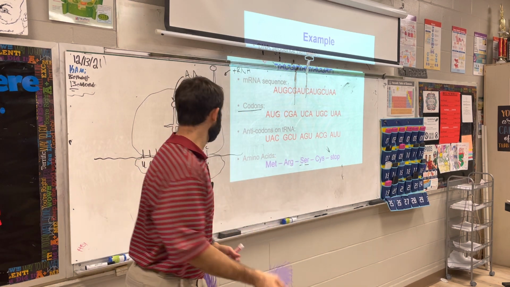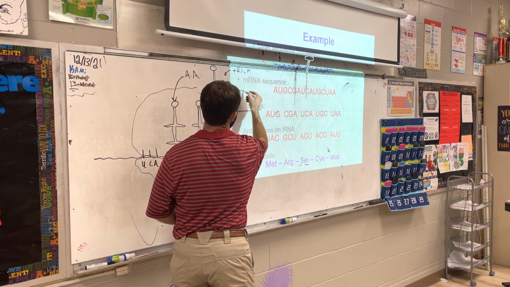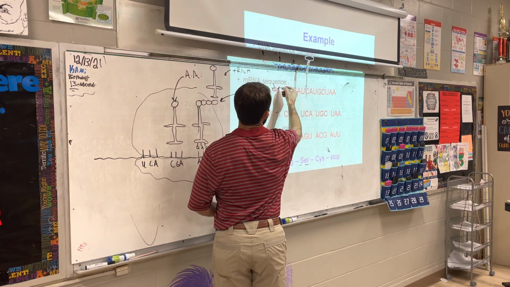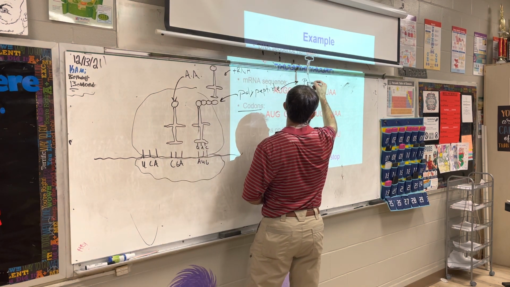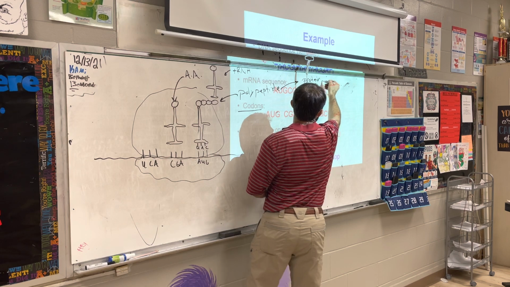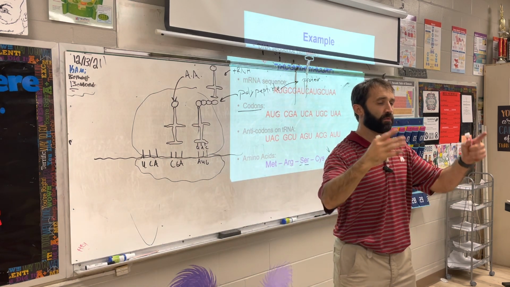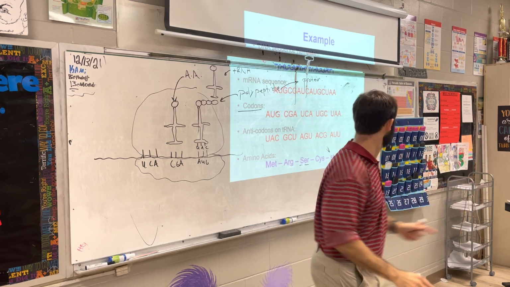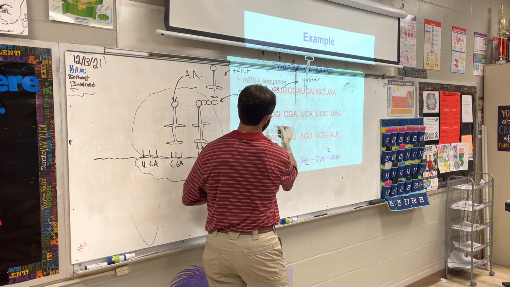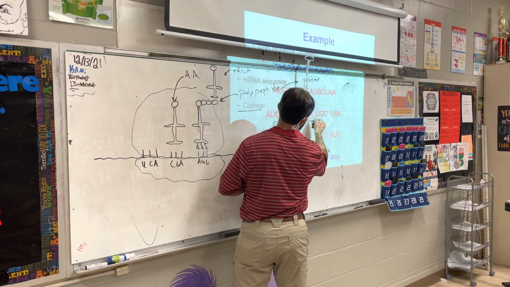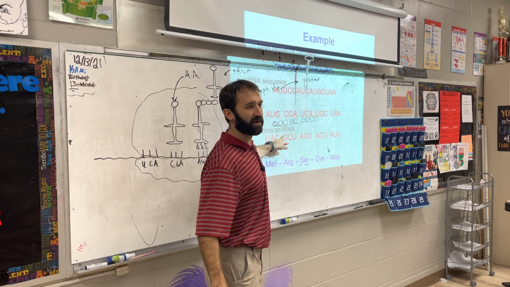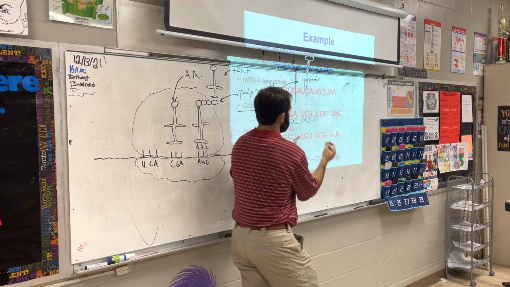Because remember, this is a polypeptide being made, which turns into a protein. A polypeptide is what we call it when it's just a whole bunch of amino acids linked together. But once this thing is done and you get this big long chain of amino acids, those are circles, bad circles, this is going to fold up.